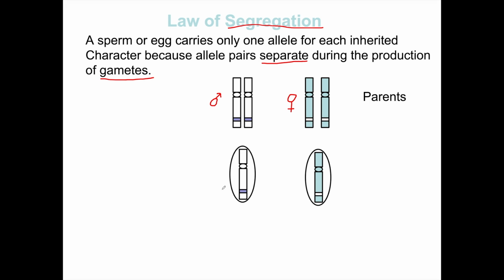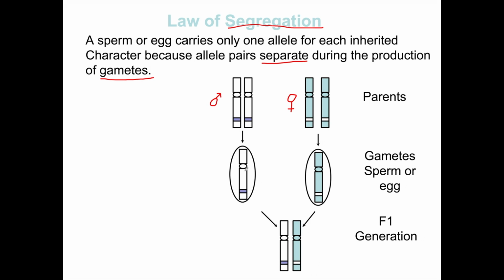So sperm or egg only has one of these alleles. So how do you produce the F1 generation? The sperm fertilizes the egg, and then you get the next generation. So the next generation gets one allele from the father and one allele from the mother.